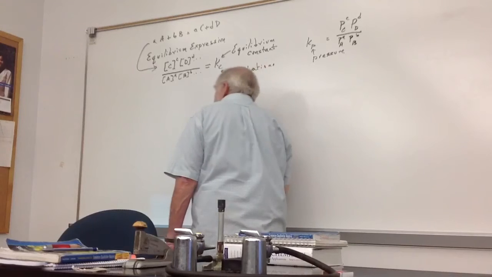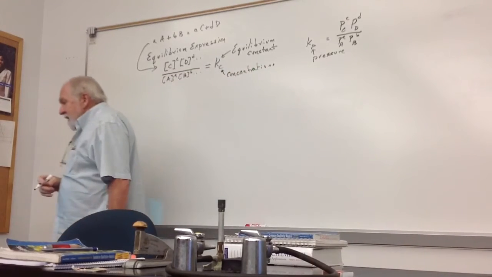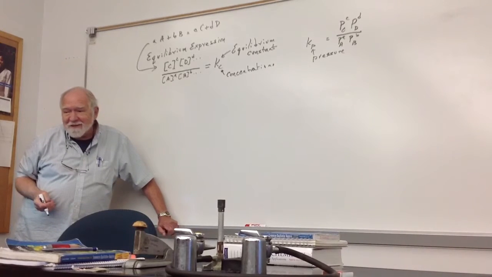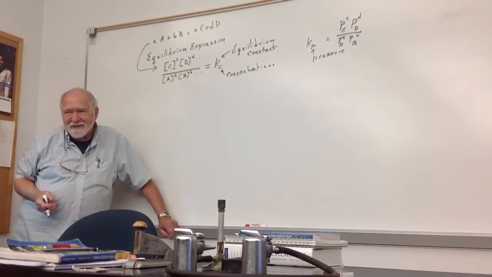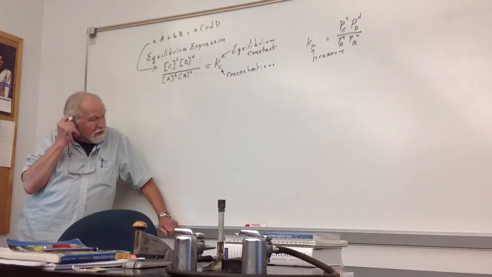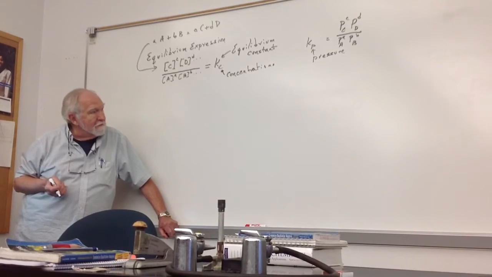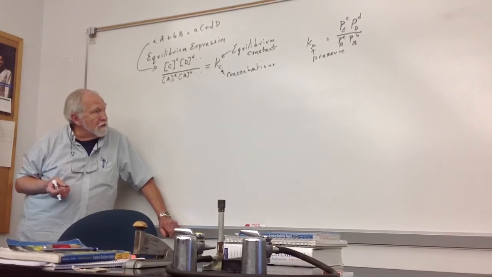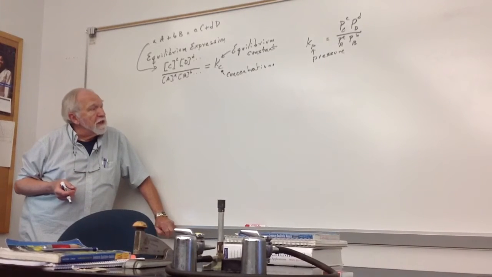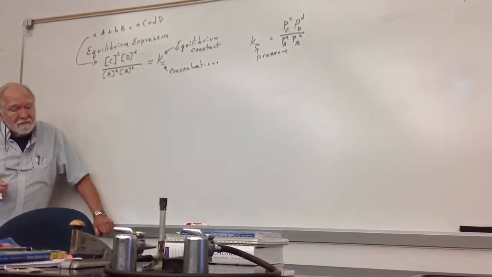We could have gases and solutions together, and then we'd have a mixed equilibrium constant. Fortunately, we don't do any problems like that in Chem 1B. So I'm not bothered writing it, but when we get to thermodynamic equilibrium constants, we'll refer back to this again. All of our problems are mainly in terms of concentration units. A few of them will be in pressure units, and of course, we'll get to the relationship between K sub P and K sub C the next time.